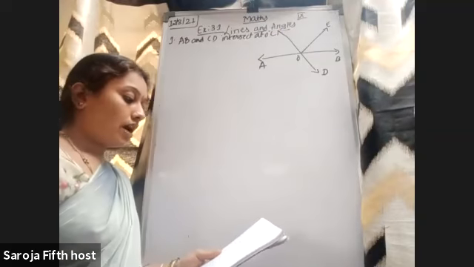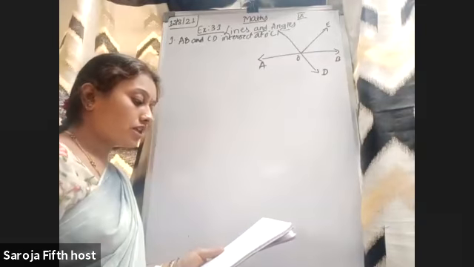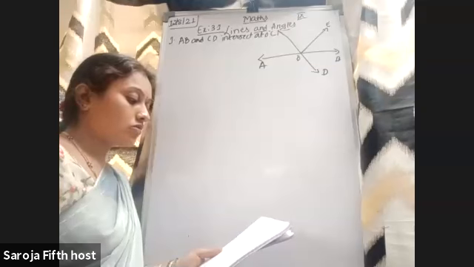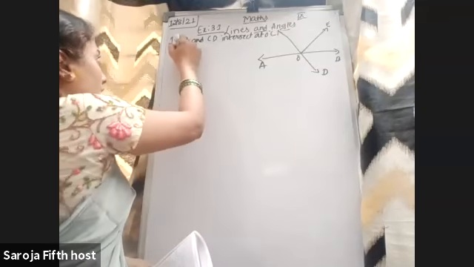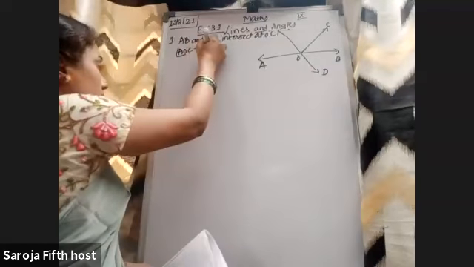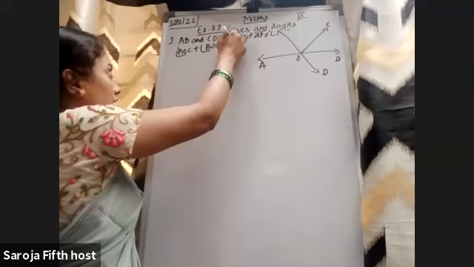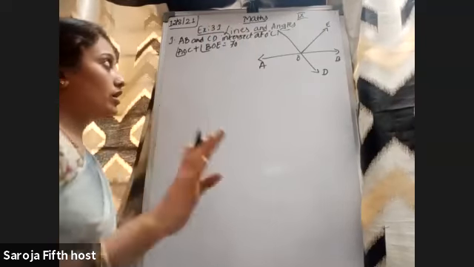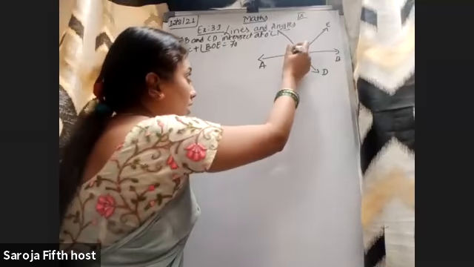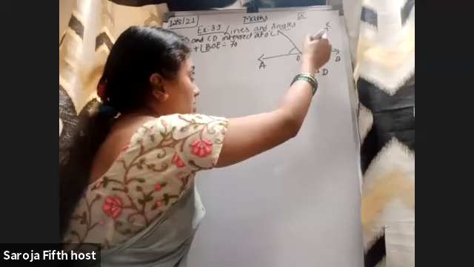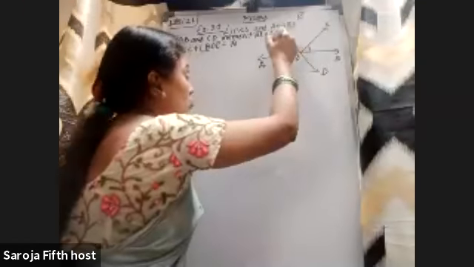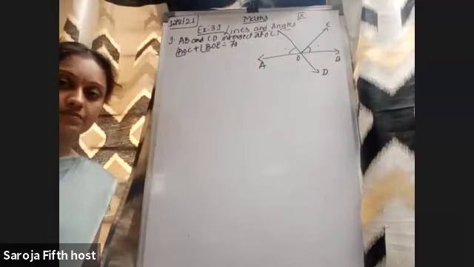Angle AOC plus angle BOE is equal to 70 degrees. They have not given the individual angles, but when you add AOC and BOE, the sum is 70 degrees.